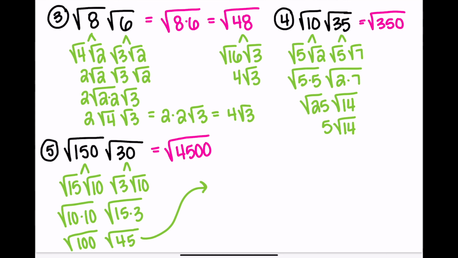So the square root of 100, we know that that's 10, and then the square root of 45 can be broken down to 9 times 5. So the square root of 9 and the square root of 5, and the 10 in front. The square root of 9 is 3, so that's 10 times 3 square root of 5. So our final answer is 30 square root 5.